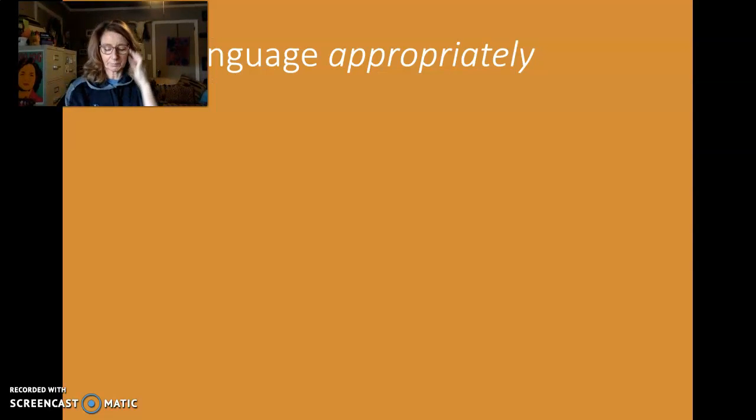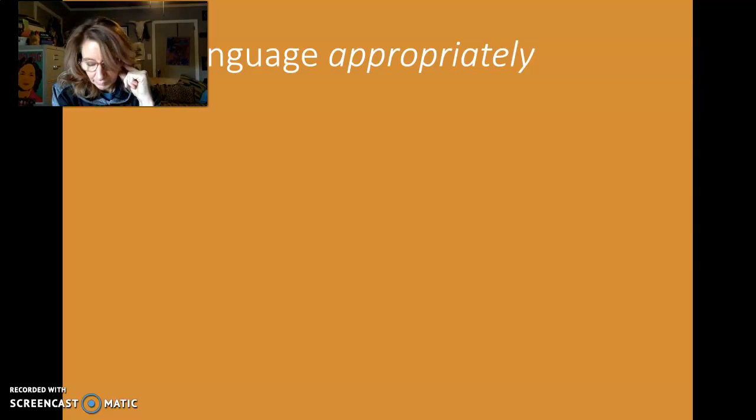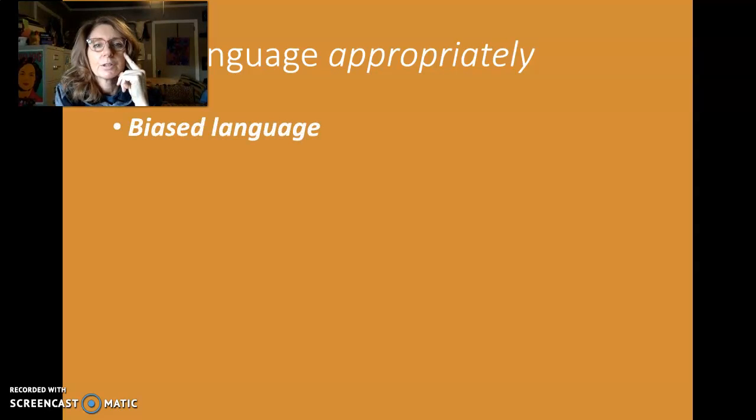Okay, finally, we're at the end of figurative language, and we're going to talk about the appropriate use of language. And this will be the end of this lecture. So obviously, you want to avoid biased language. What do I mean by biased language? It means no racist language.